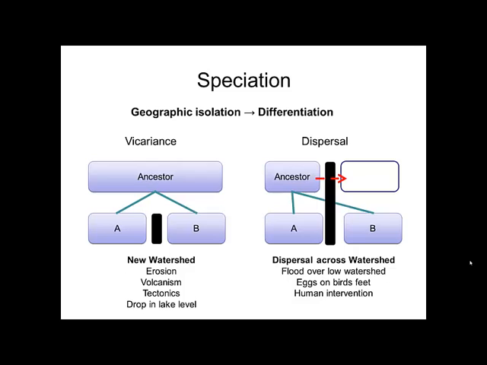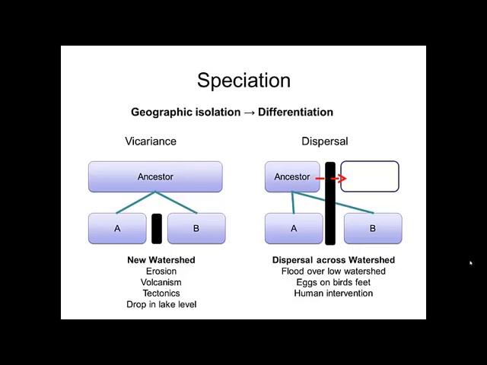In what's called the vicariance model, which is a hideous word, we have a widespread ancestor species. Something happens, so this is a fish, maybe in a lake. Then a new barrier forms that splits the range of that species. Maybe we've had a new watershed form, maybe we've had an eruption with a lava flow that's blocked a river channel.